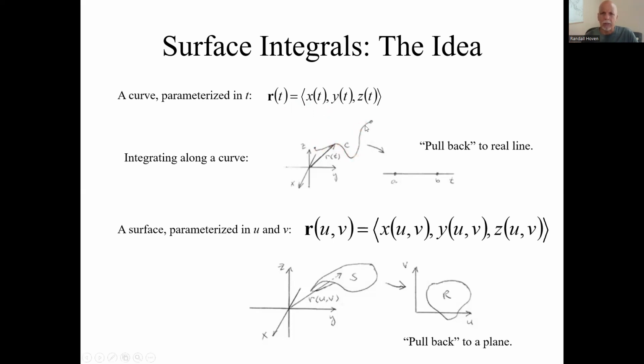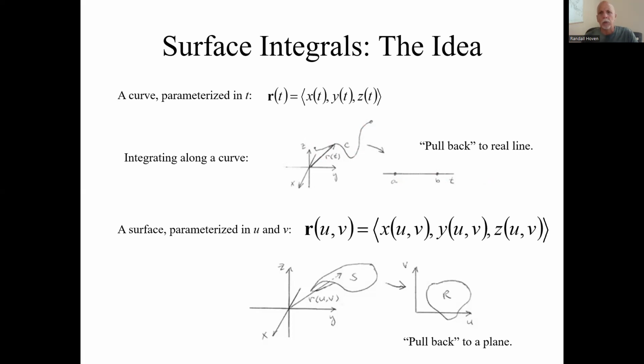And the way we went about that was to parameterize that path in terms of a single variable and then integrate over that single variable normally. So we pulled back the path in 3D space into a single dimension and integrated normally.